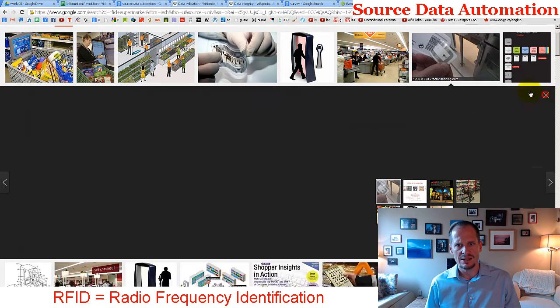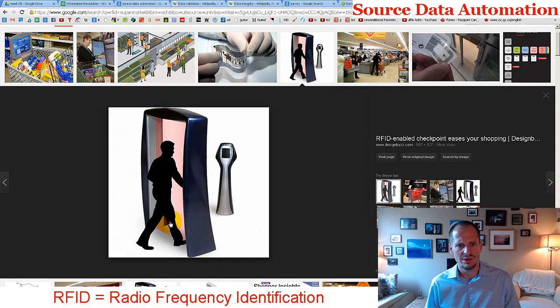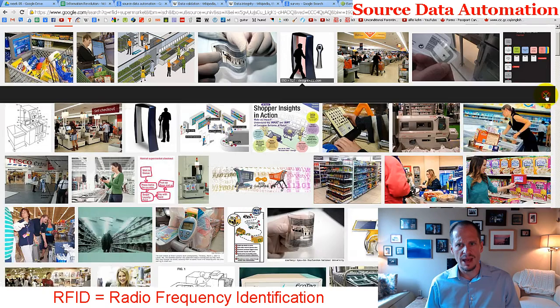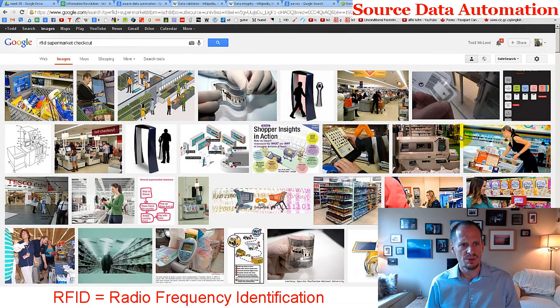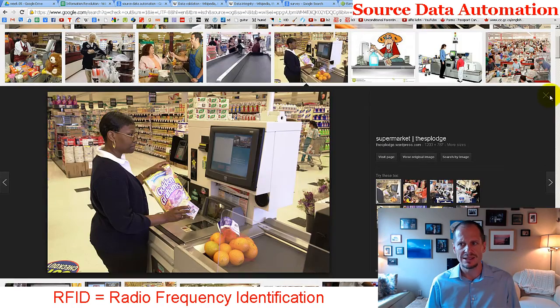And what that would allow is that you could then walk through some sort of a scanner, and it would know which products you had anywhere on your body, and it would automatically be able to ring up all those products instantaneously. So you could just push your grocery cart through a little scanner like this, and everything in your cart would automatically ring up. You swipe your credit card and you'd be on your way. And so that would eliminate all of these checkout lines.